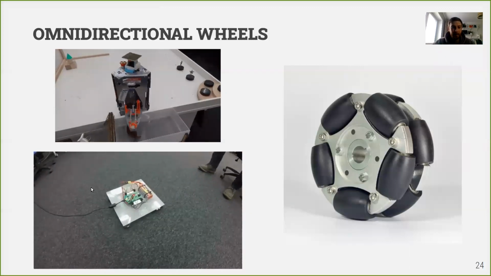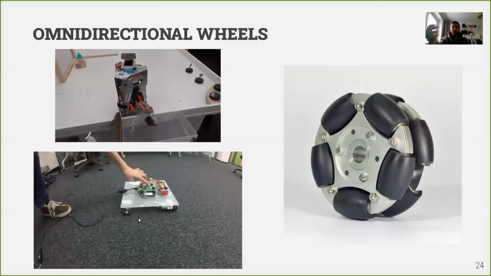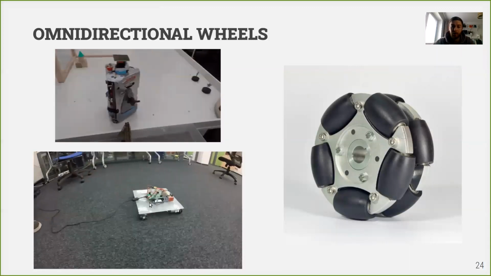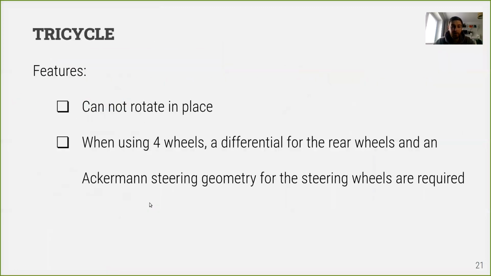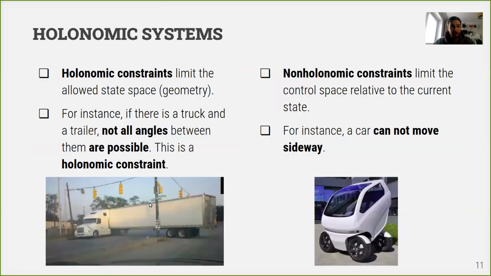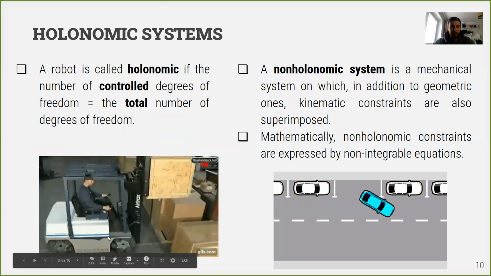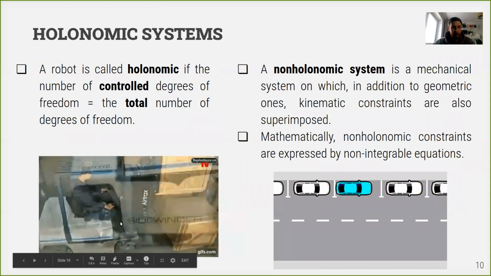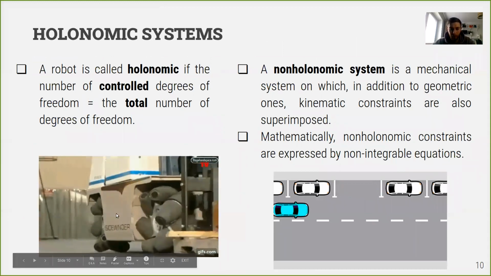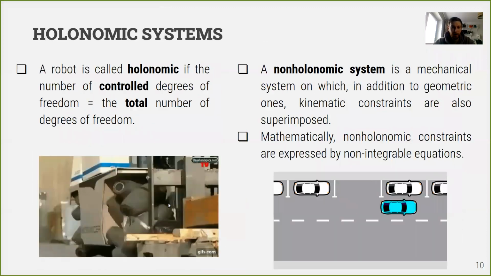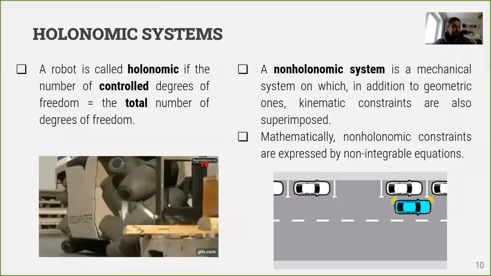So this is not a really effective scheme, but it still allows you to move any direction and to have your robot omnidirectional, which is really useful because, as you saw on the image here, for example, in warehouses, it can be a really useful feature if your car or forklift can move any direction.